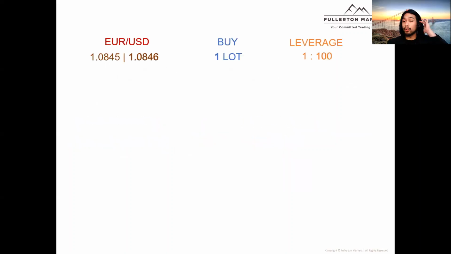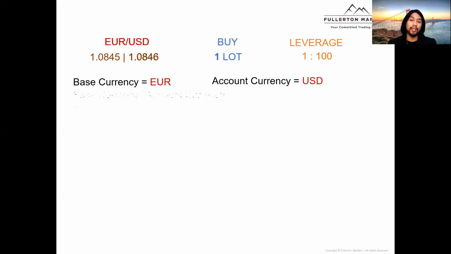For example, we have the euro dollar. We have one lot that we want to buy and a leverage of 1:100. So let's say the base currency is the euro, as you can see. We then have to divide this by the US dollar, which, since we're trading euro dollar, is already denominated as 1.0846. We don't have to do a lot of division here. So base currency divided by the account currency, since they are the same, we just have to copy it: 1.0846.